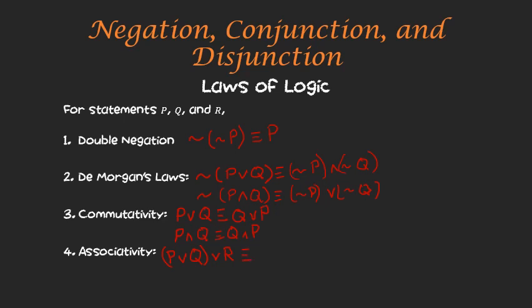What associativity tells us is that if we first find the disjunction of P and Q, and then find the disjunction of that with R, that's the same thing as first finding the disjunction of Q and R, and then taking the disjunction with P. It doesn't matter the order in which we do that. It doesn't matter how we group these things. It'll come out the same.